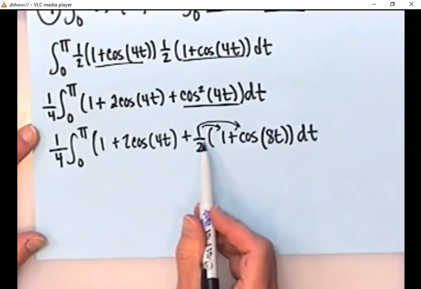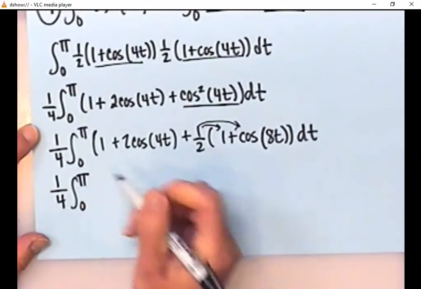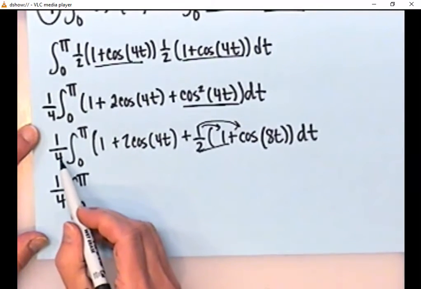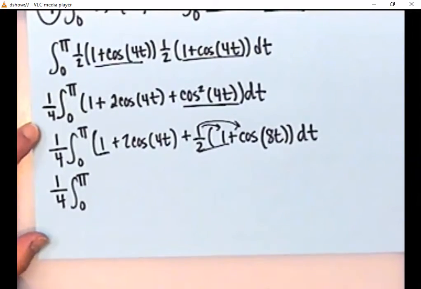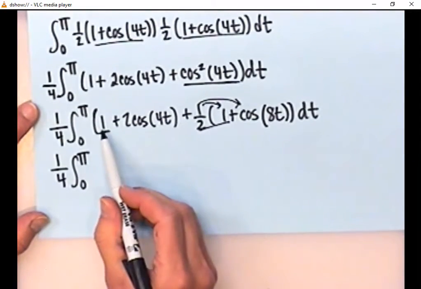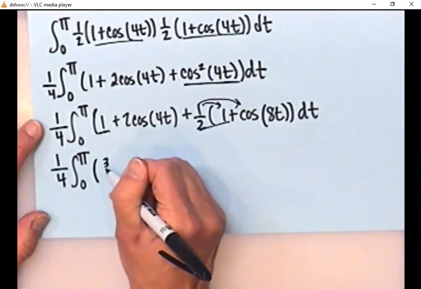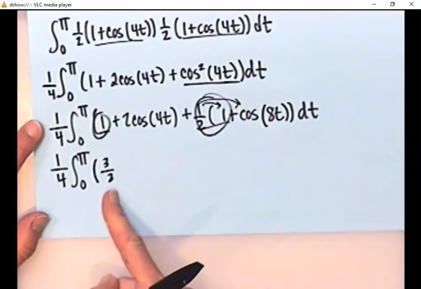And in fact, what could you add the 1/2 to in here? This is 1/2 plus, nope, because that's out front being multiplied. But there is a 1 right here. So you can add together this 1/2 and the 1. You don't have to, but if you want, that would simplify to 3 halves. So if I add this 1 and this half, that goes to 3 halves.